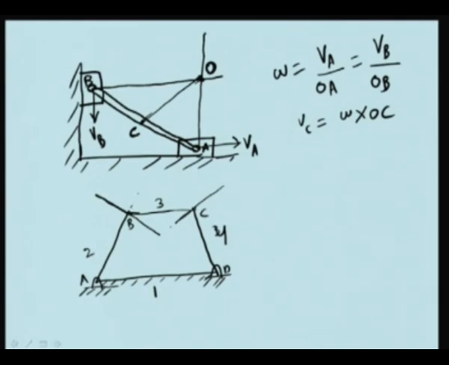Both extended meet at a point O, which will become the instantaneous center of BC. So, in the 4 bar mechanism, you extend link 2 and link 4 to meet at a point O, which is called the instantaneous center of rotation of link 3.